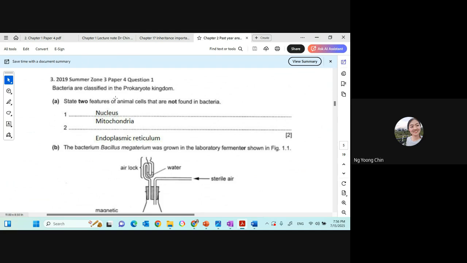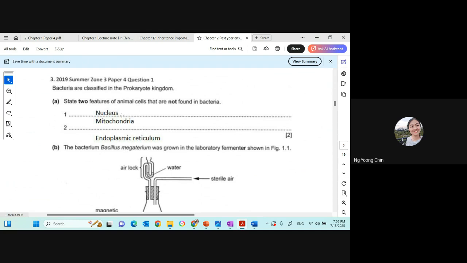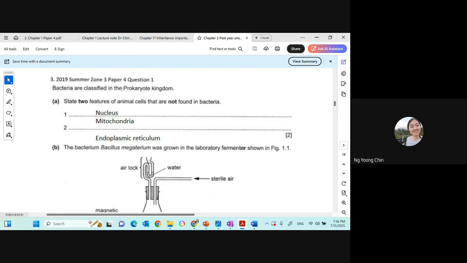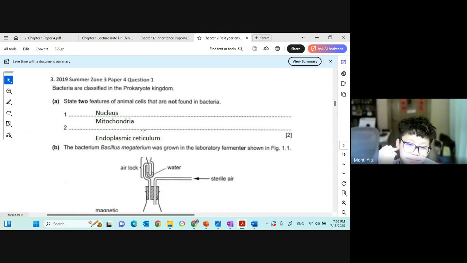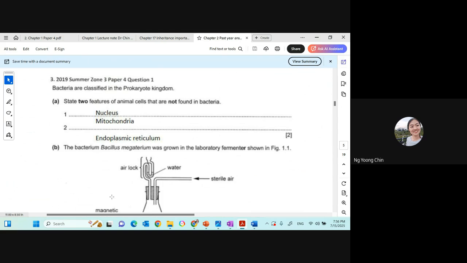Eukaryotic, yes, because animal cells have a nucleus. Bacteria don't have a nucleus, so they are prokaryotic cells. So they're asking for two features in the animal cell that are not found in the prokaryotic cell. So it's the nucleus, mitochondria, or other membrane-bound organelles. It's actually very easy.